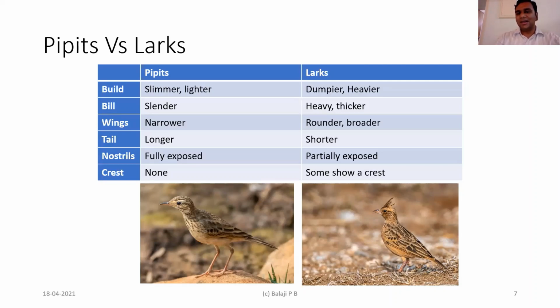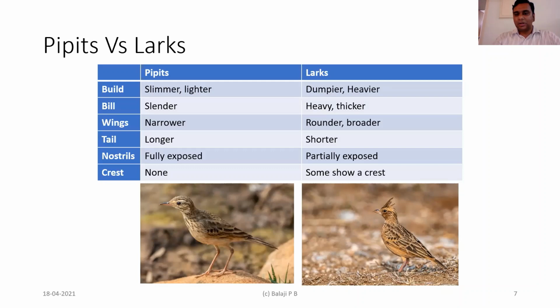Whereas the lark is basically a dumpier or heavier looking bird. The bill is very heavy and thick. Most of the time, the bill is the main identification pointer for a lark. So if it has a very thick bill, you can straight away say that it is a lark, it is not a pipit.